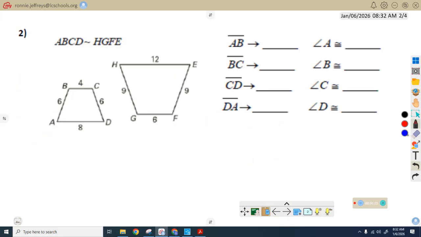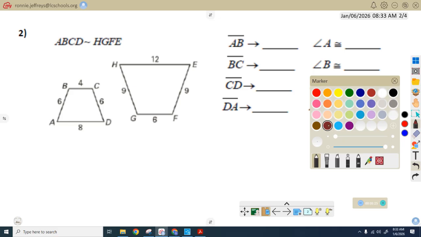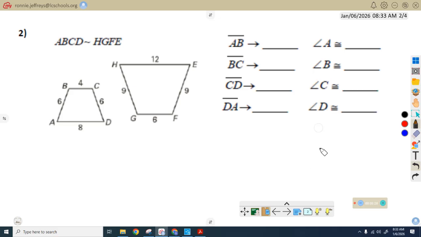Same type problem, different numbers. Okay, so we're going A, B, C, D. A, B, right here. Now, this trapezoid right here, is it in the same orientation?